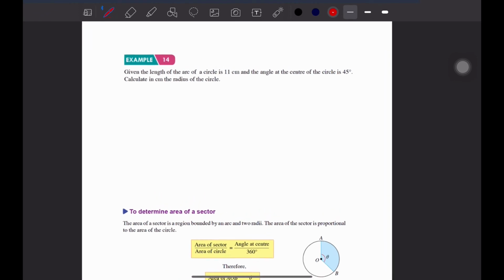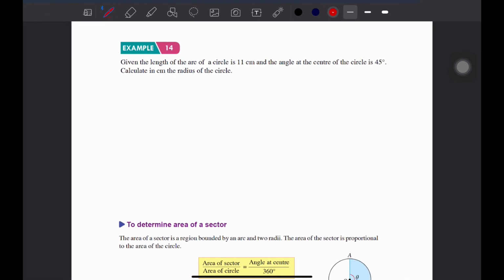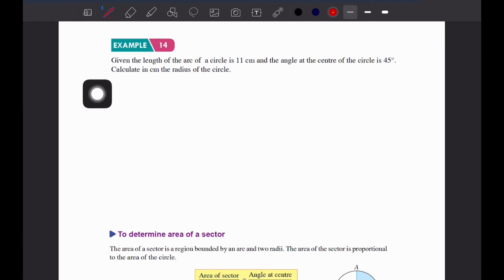Now let's look at example 14, the same thing I think. Given the length of arc of a circle is 11 and the angle at the center of the circle is 45, calculate in centimeter the radius of the circle.